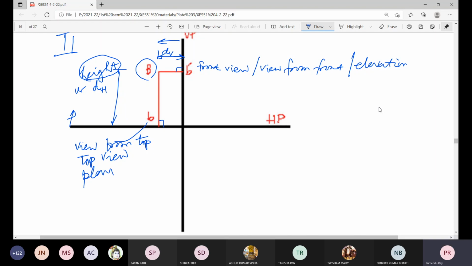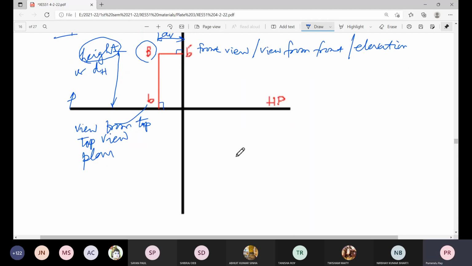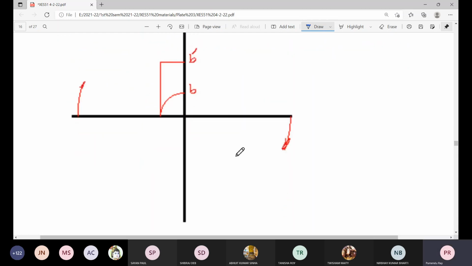Whatever name you use, these are the projection of this point capital B on the vertical plane and on the horizontal plane when its position is in second quadrant, that is behind VP and above HP. Done? Then similarly, you need to open this first quadrant. But that is fixed.